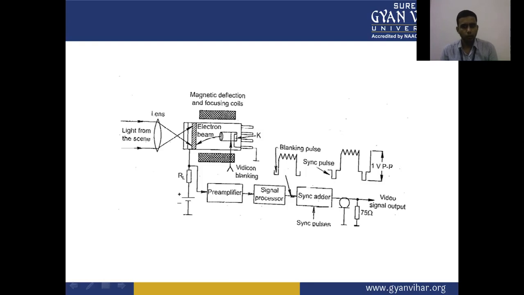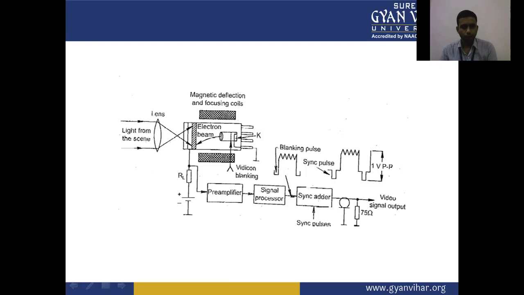So the output of the glass plate is provided to the load resistors, and we have amplifiers to amplify the output signal. The signal processor adds the blanking pulses and the sync adder adds the synchronizing pulses.